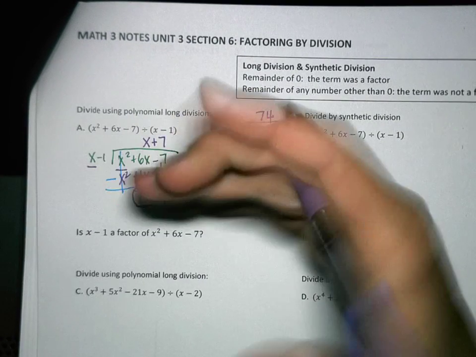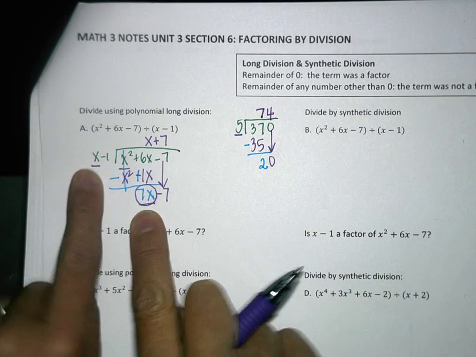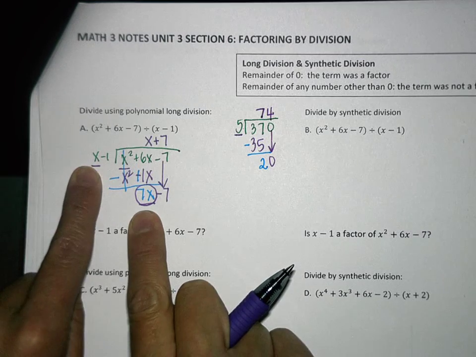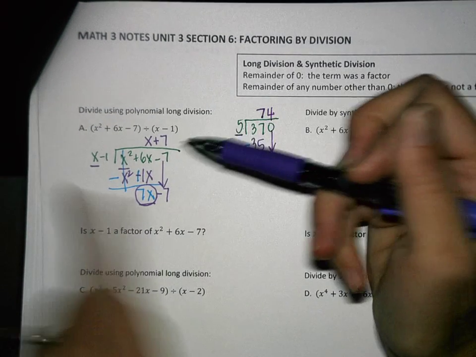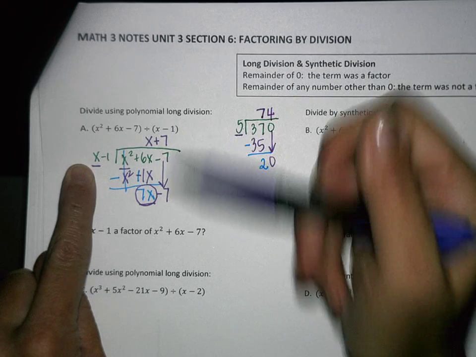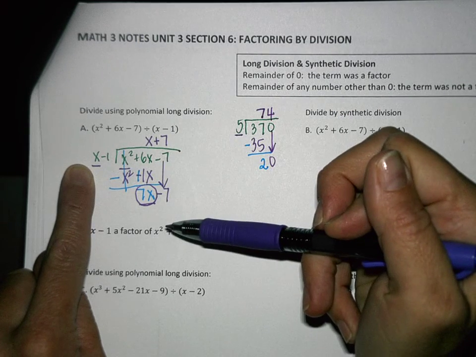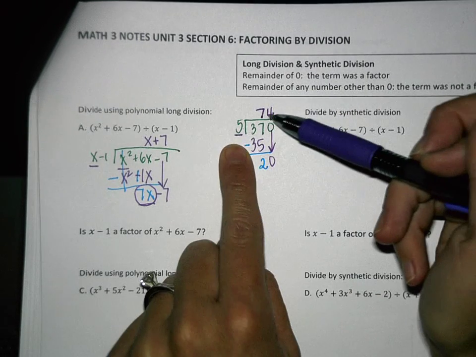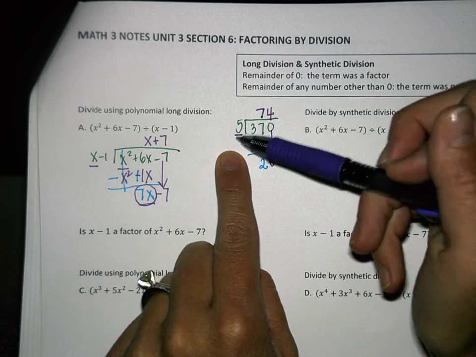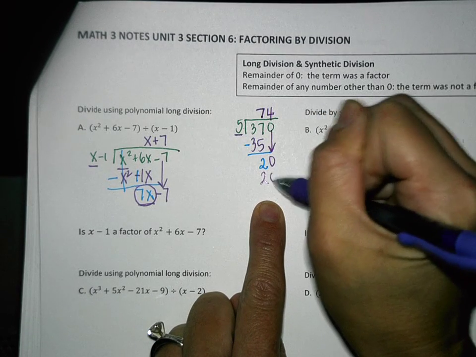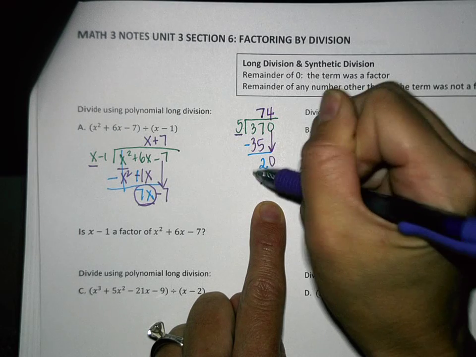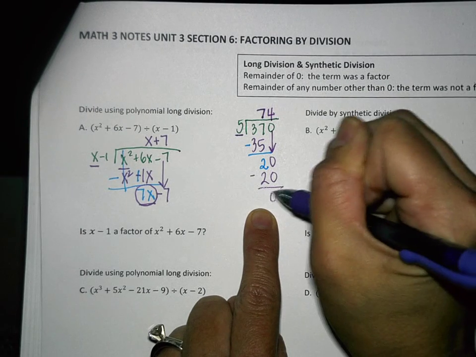When you're doing long division, you're only looking at your first terms. So we decided that x times 7 made 7x, correct? Okay, and so just like over here, we're going to go 5 times 4, which is 20, and then we subtract, and there's 0 left over.